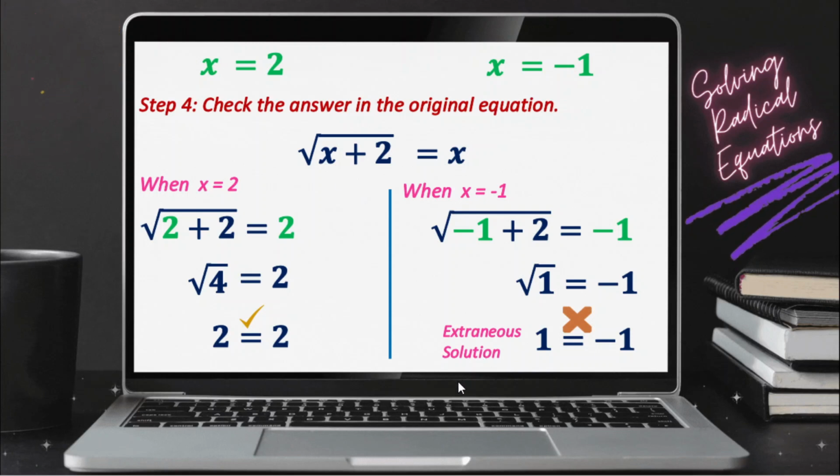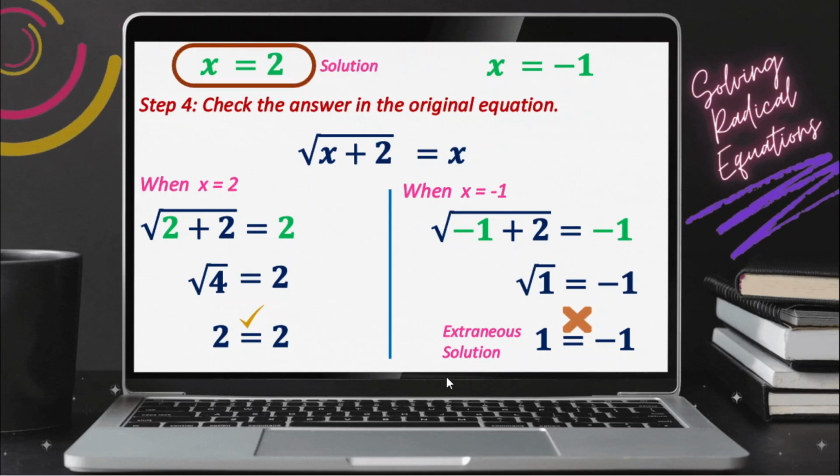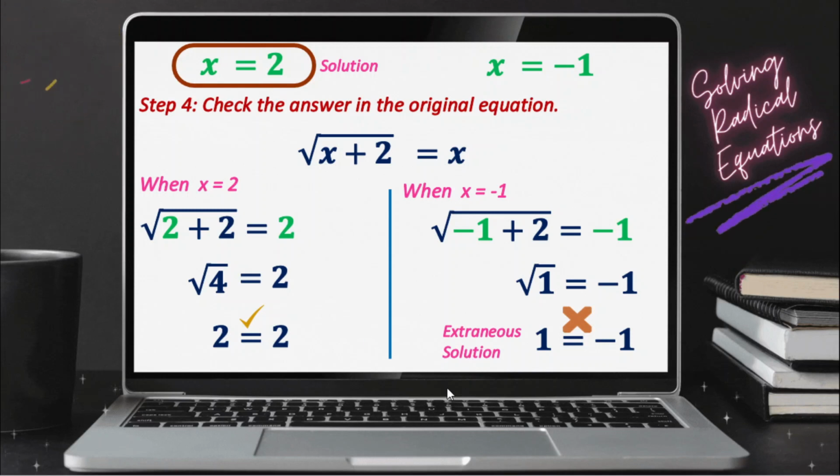And therefore, the actual solution of the square root of the binomial x plus 2 is equal to x is x is equal to 2. So, this is our solution. That is why it is important to check our obtained solution in the original equation, because it is possible that we get an extraneous solution.